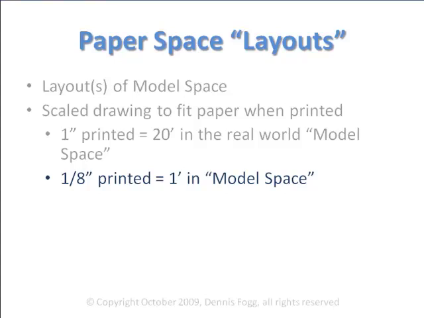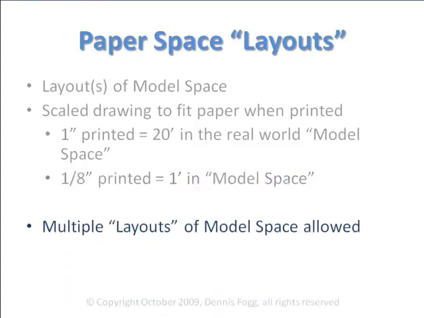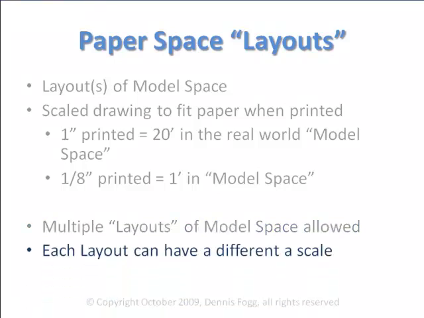Within the CAD program, you'll find tabs at the bottom of the screen. There will always be one Model tab, but there may be many layout or paper space tabs. Each layout tab can represent a different portion of your model space and also be at a different scale.